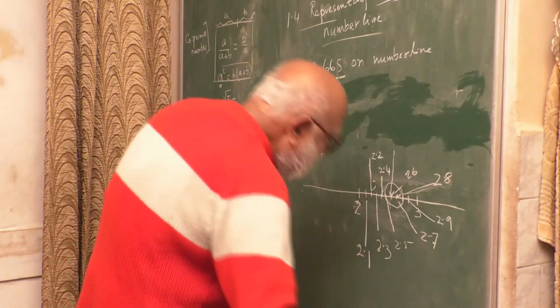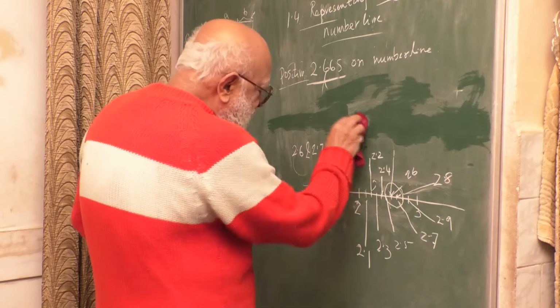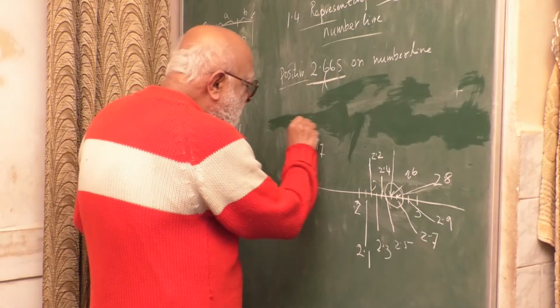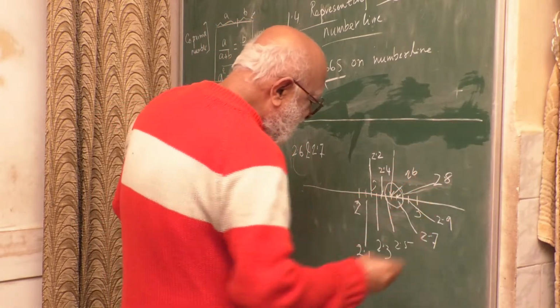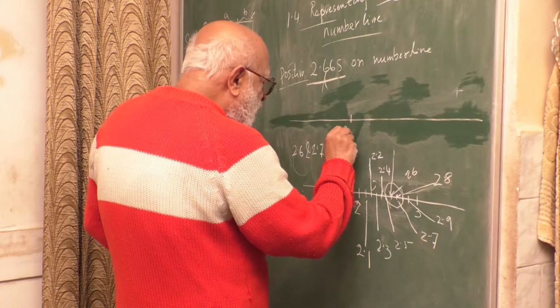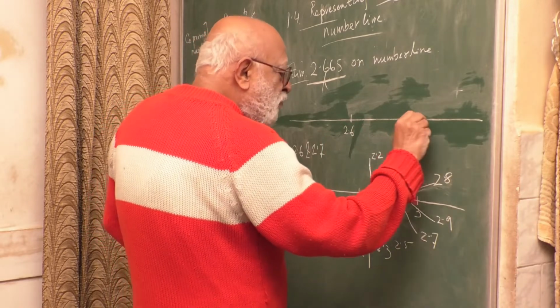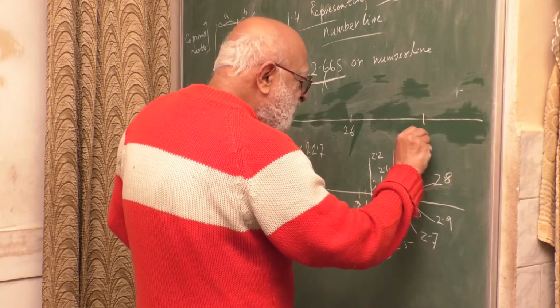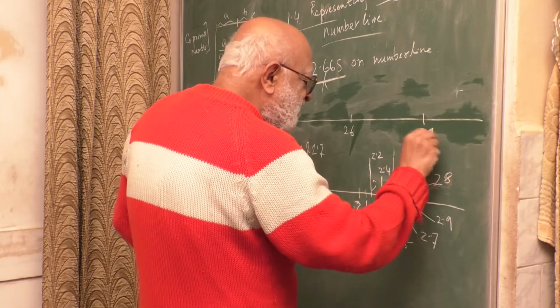So I again draw this portion of the line, not the whole line. I am going to draw this portion of the line, and I am going to take it from 2.6 to about 2.7.